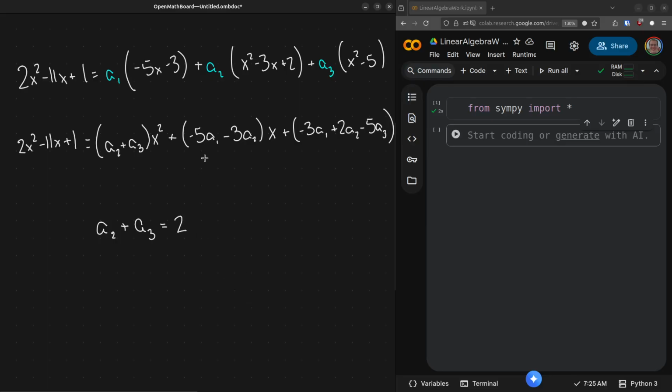The coefficient of x on the right side, negative 5A1 minus 3A2, must equal the coefficient of x on the left side, which is negative 11. And the constant term on the right side, negative 3A1 plus 2A2 minus 5A3, must equal the constant term on the left side, which is 1. This gives us a system of linear equations.